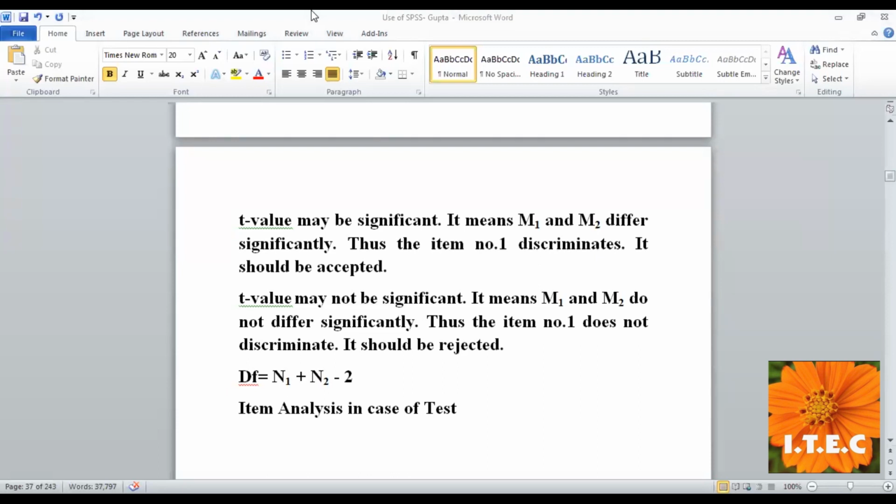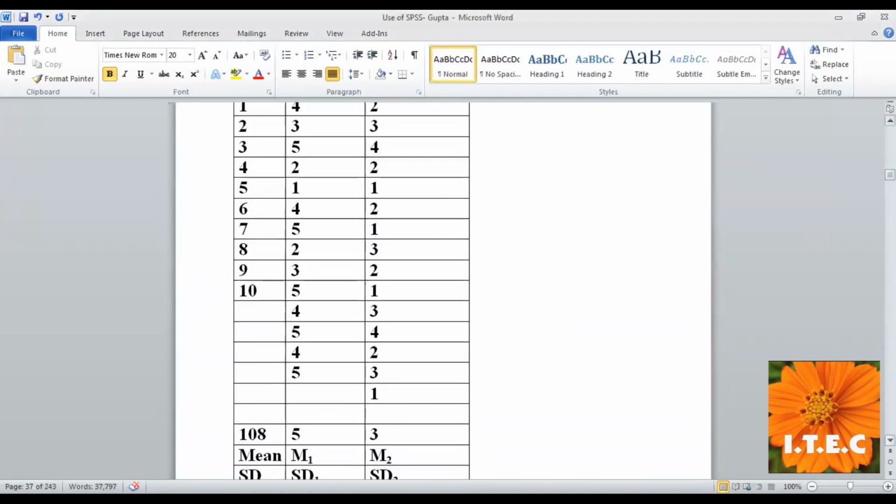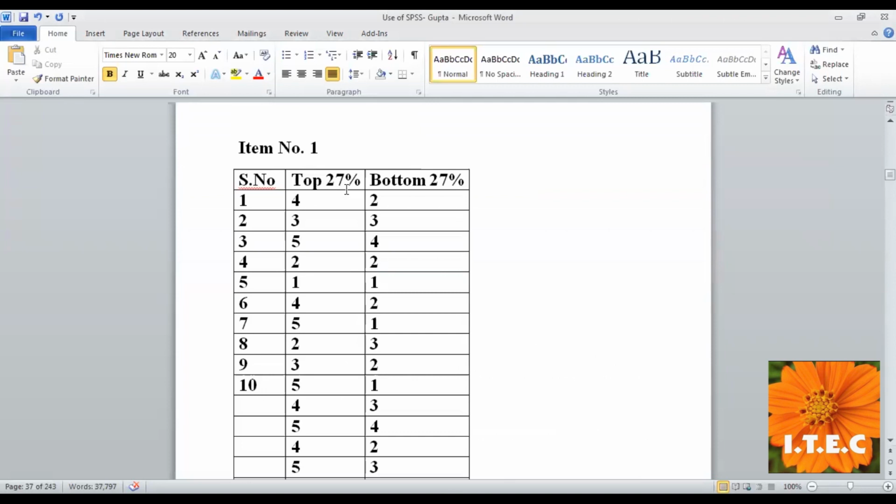No, it is independent sample. It's not paired sample. It is independent sample because the 27% bottom and 27% top, they are different. It is not the same one. They are not the same.